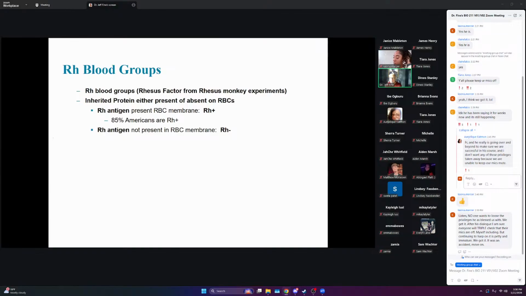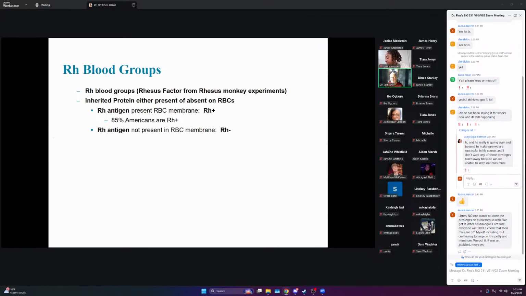So the term is called an Rh factor. These are a protein that's either there or it's not. Okay, if the Rh protein is on the red blood cell, you're positive. If the Rh protein is not present on your red blood cells, you're negative.